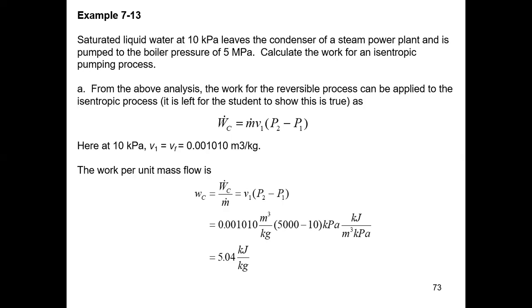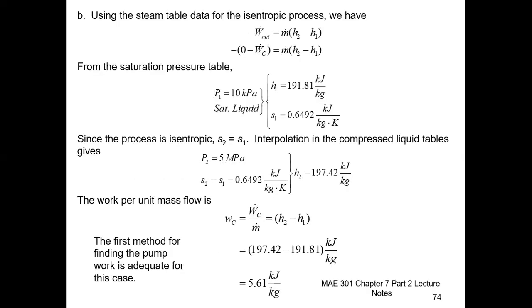Here at 10 kilopascal, V2 is approximately equal to V1, which is 0.001010 meter cubed per kilogram, and the work per unit mass, W dot C divided by m dot, is equal to V1, the specific volume, times (P2 minus P1). So we substitute the values. The work per unit mass WC is 5.04 kilojoule per kilogram.